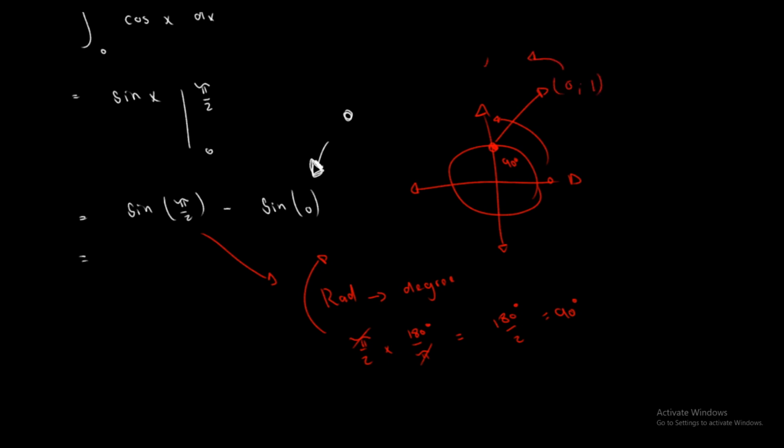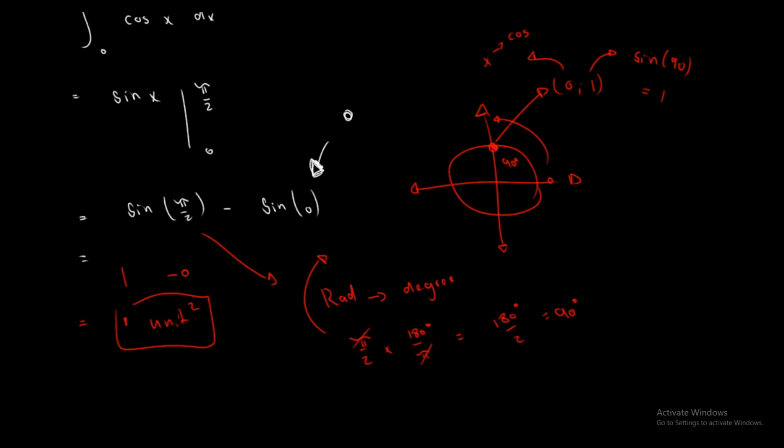My x coordinate is related to cosine, since it's adjacent over hypotenuse, and my y coordinate is related to my sine. So my sine of 90 will be evaluated as 1, and my cosine of 90 is equal to 0. So we can say 1 minus 0, which is 1 unit squared. This would be the area underneath my curve.